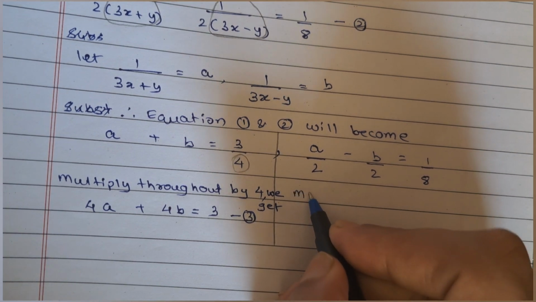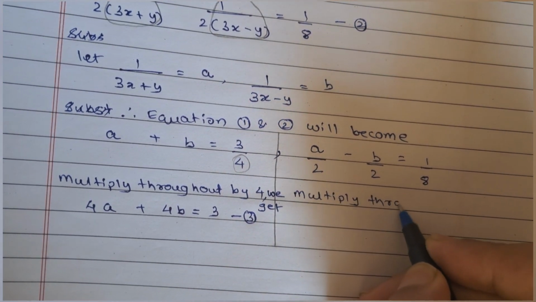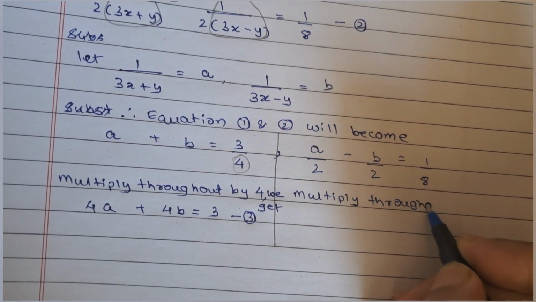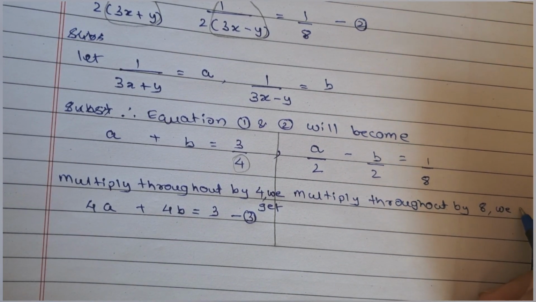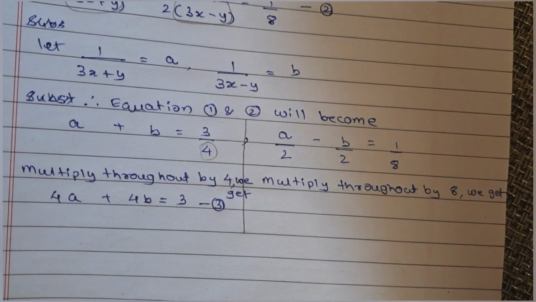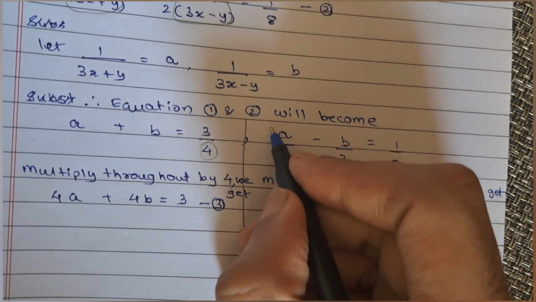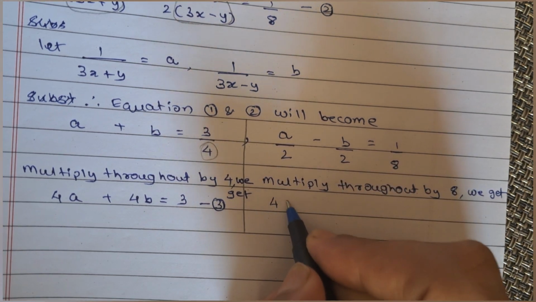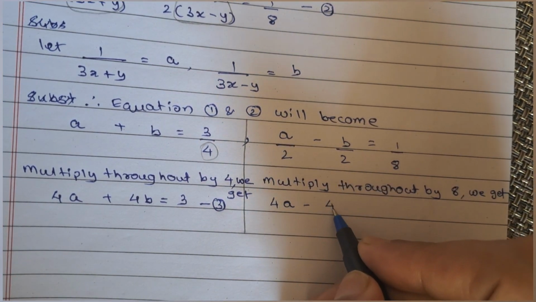So let me do that. Here I will write, multiply throughout by 8, we get. What will I get by multiplying throughout by 8? If I put 8 over here, 2 4s are 8, so it will become 4a. If I put 8 over here, 2 4s are 8, I will get 4b.